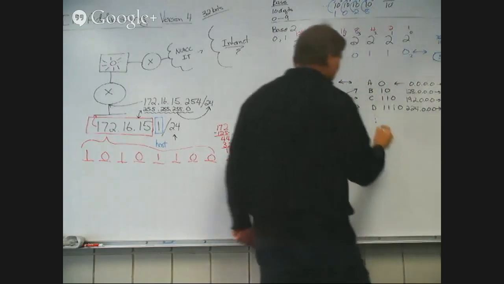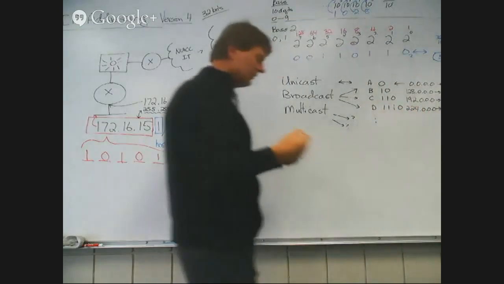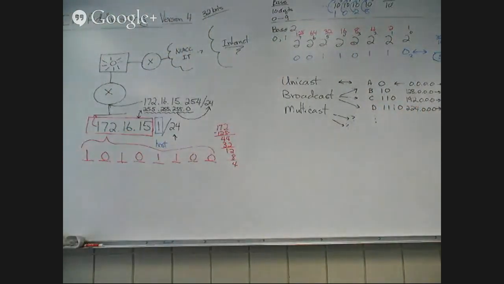In a lot of cases, Class D is used for things like multicasting. And then in the other classes, certain parts of them are private addresses, right? You've seen some private addresses like 192.168. Those are just used as private addresses. The other ones can be used as public addresses out on the internet.